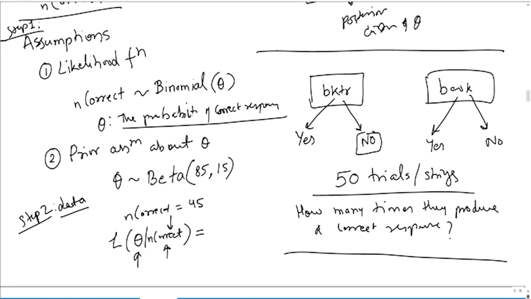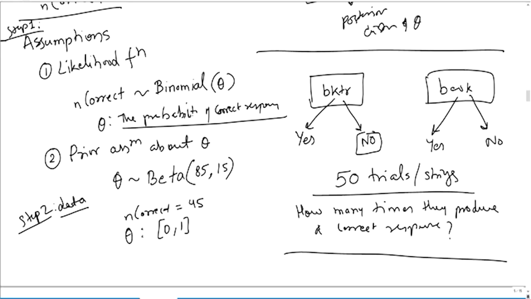So what do we do to compute the likelihood function? You can take a lot of values of theta between 0 and 1. Let us say you take 1000 values of theta or 10,000 values of theta between 0 and 1.